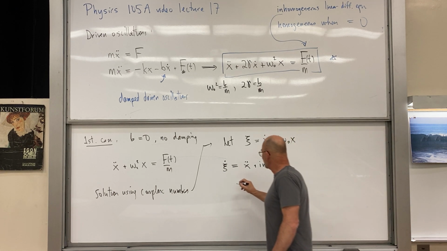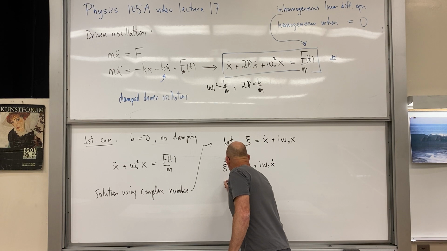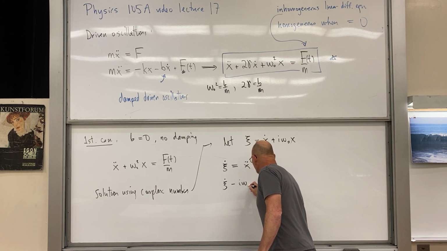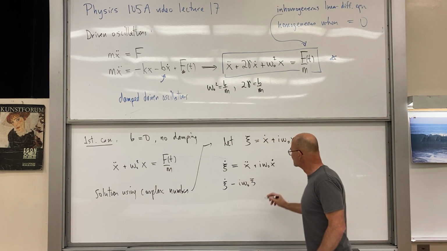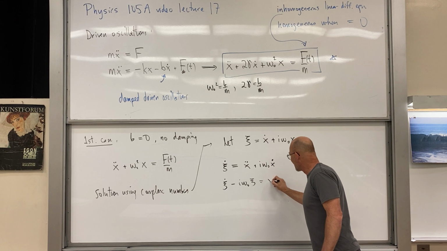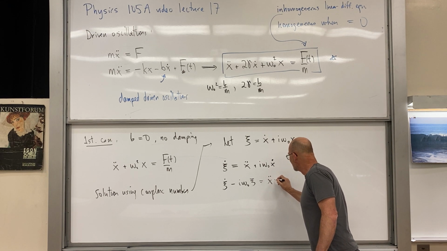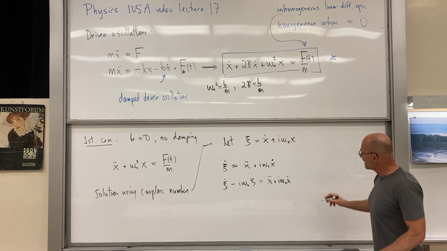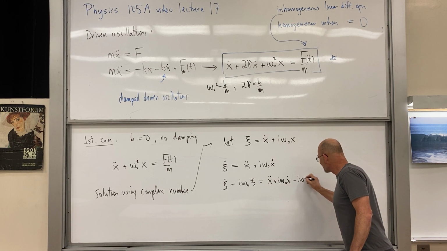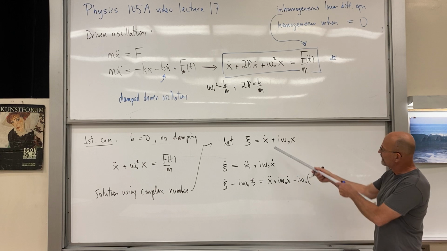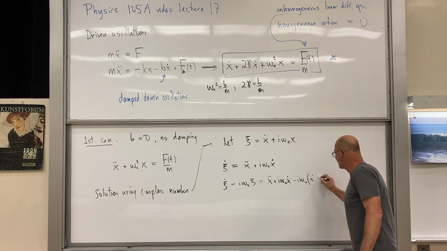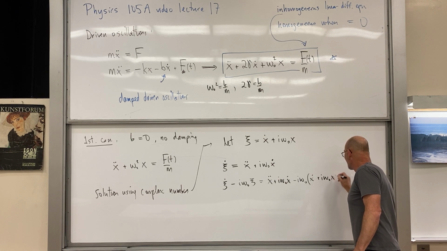And now what we can do is the following: C dot minus i omega naught times this C is going to be x second derivative plus i omega naught x dot. And I'm going to subtract i omega naught times what I have here already, x dot plus i omega naught x.